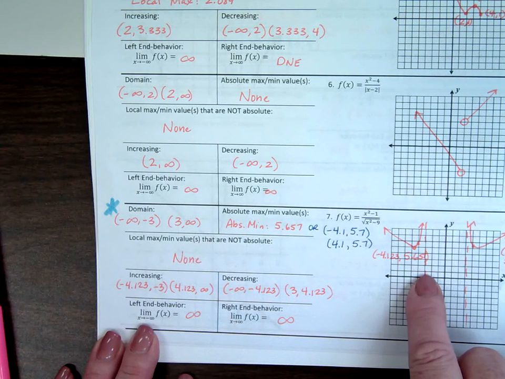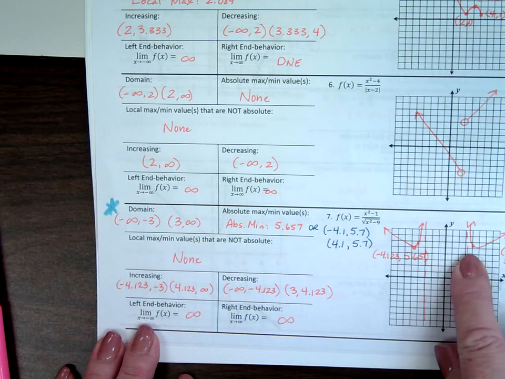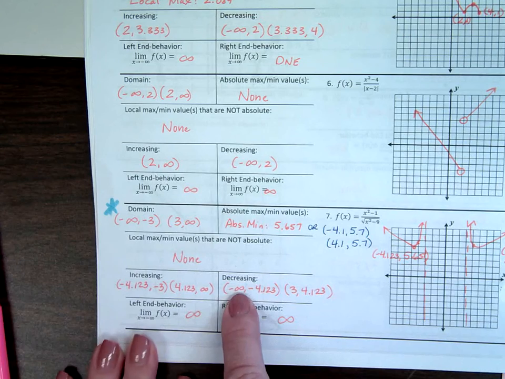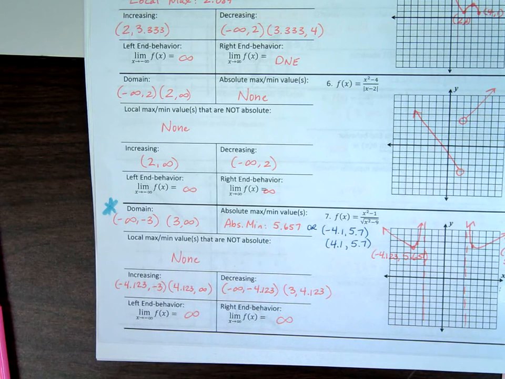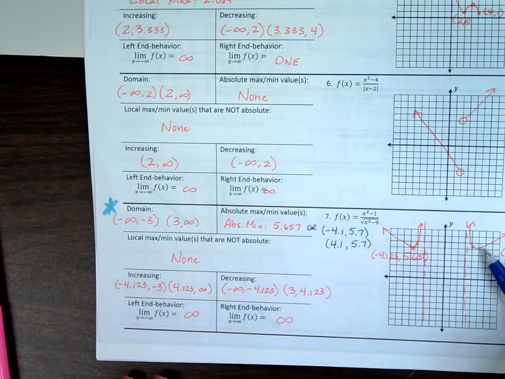And then it picks up again and decreases from positive 3 to 4.1, and then increases from 4.1 to infinity. So there's your increasing, decreasing situations. If I go far to the left, he goes up to infinity. Far to the right, he goes up to infinity. There's your left and right end behaviors. So, questions on extrema?